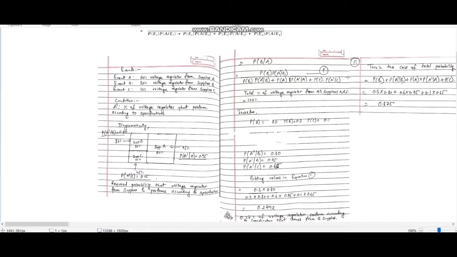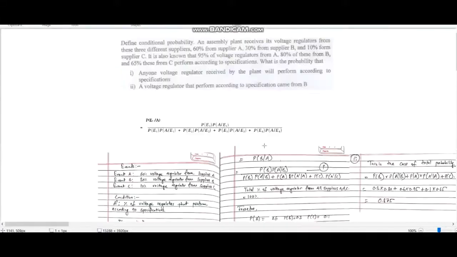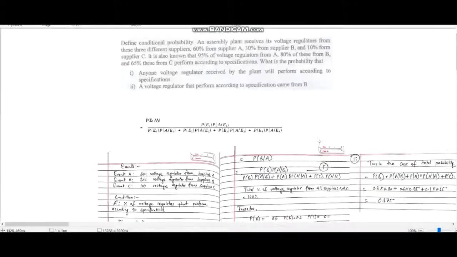So we'll put the values in this equation, and we'll get the answer as 27.42%. So we can say that the probability that the voltage regulator that will perform according to specification comes from B will be 27.42%.